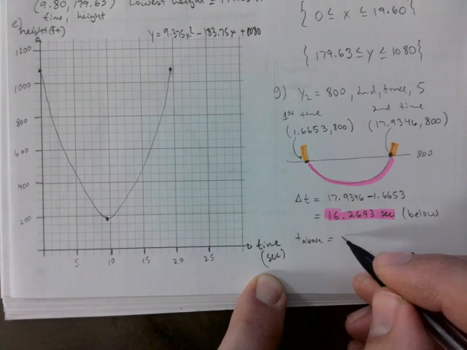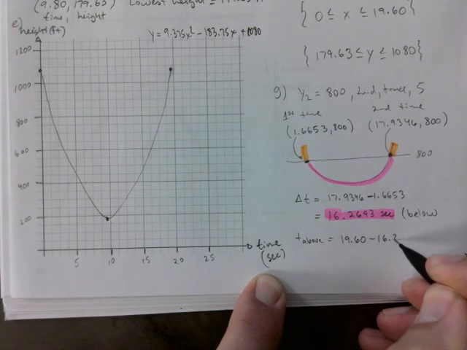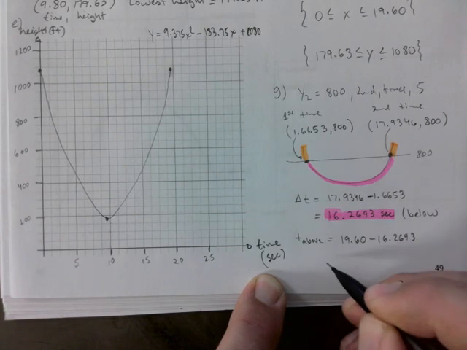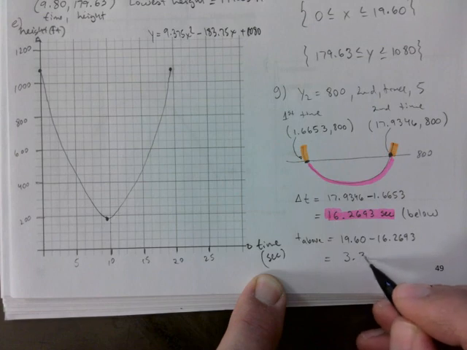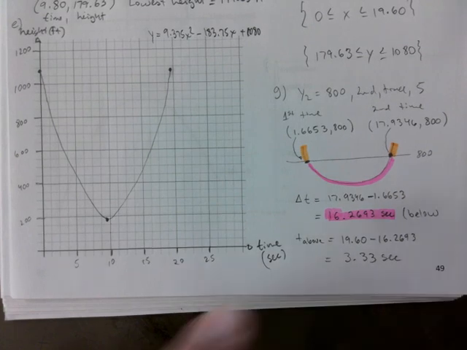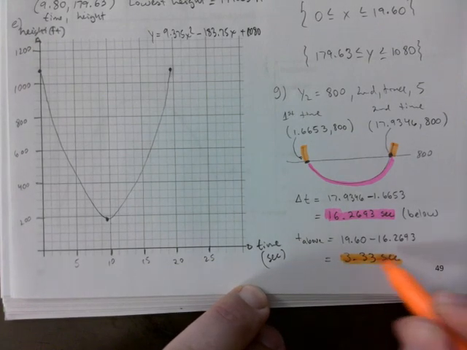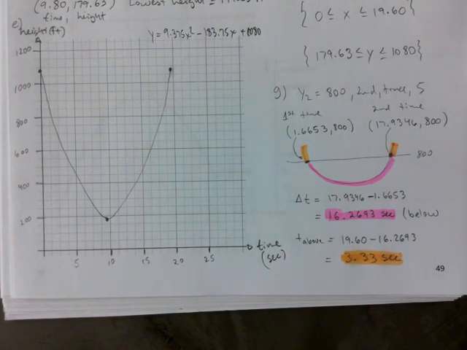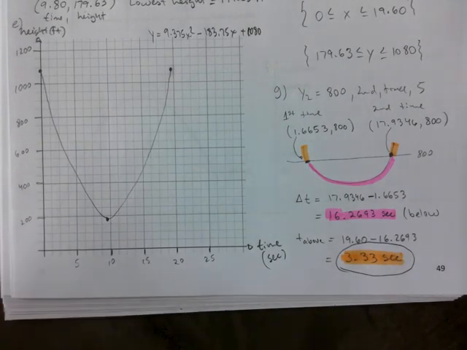Time above is total time for the stunt minus 16.2693, and that is 3.33 seconds. This is what we're after. Circle it. That's what we're after.